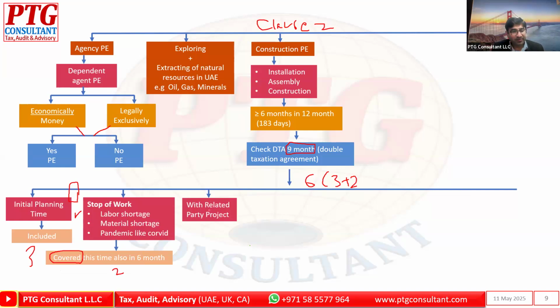Now with the related party project. Again, the related party: even if you came here, let's say the company worked only for 5 months in the first year, and let's say another 4 months they took and completed the project. 1 month here, 4 months for execution completed, but they also took some work, or a related party is also involved in similar projects.